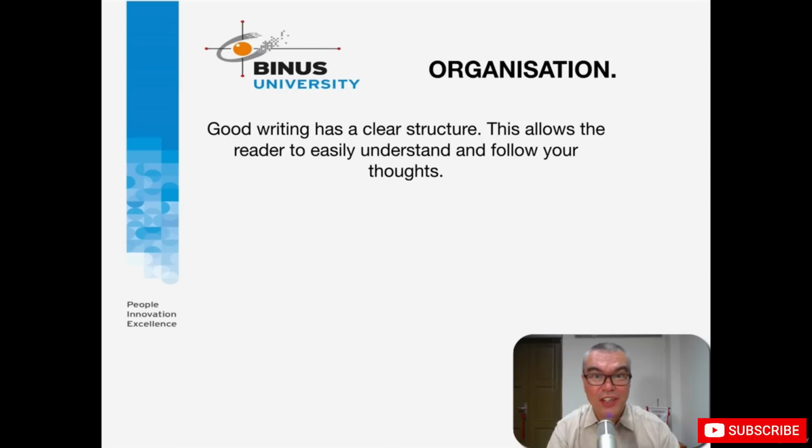As I said, good writing has a clear structure. This allows your reader to understand and follow your instructions. The important tip here is to be very clear about the genre, that is, the type of text that you are writing. Now, I talk about this in other videos, so let me just mention them here.